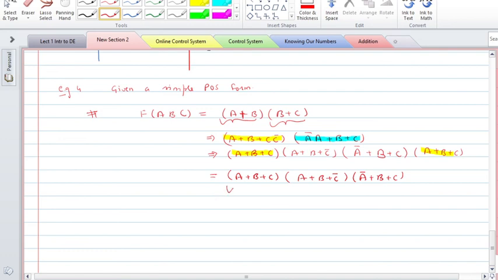Here this will be 0 for a equal to 0, b equal to 0, c equal to 0. This term will be 0 for a equal to 0, b equal to 0 and c equal to 1, and this will be 0 for a equal to 1, b equal to 0, c equal to 0.